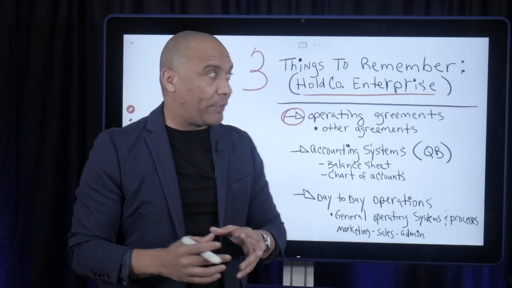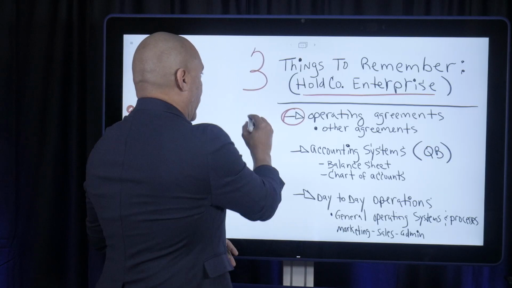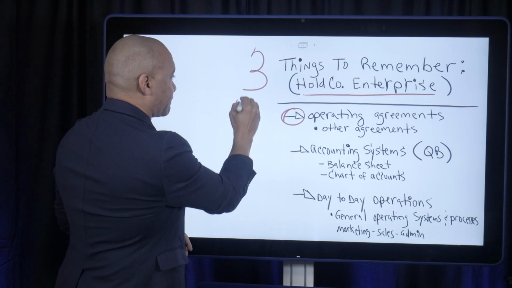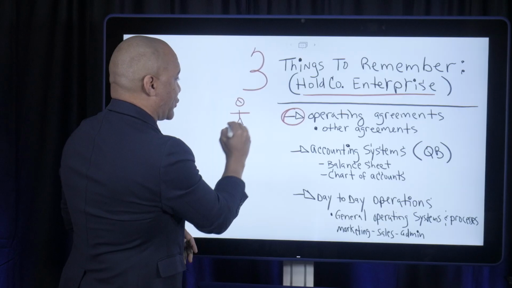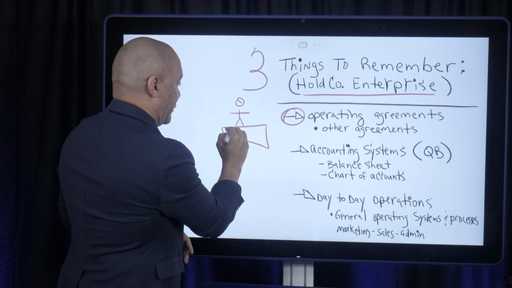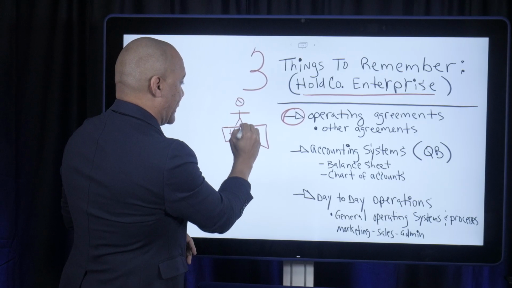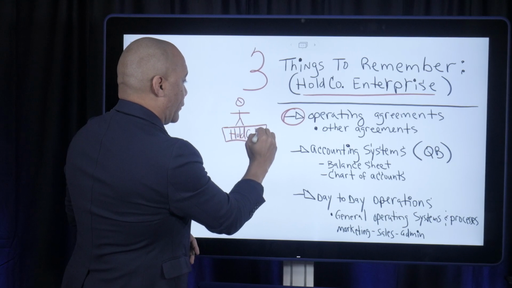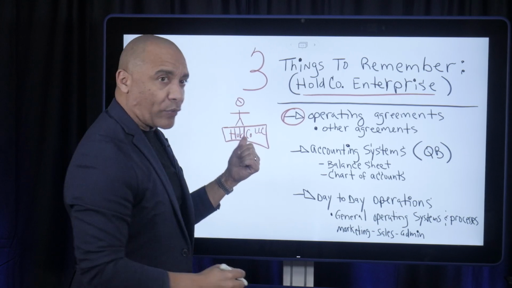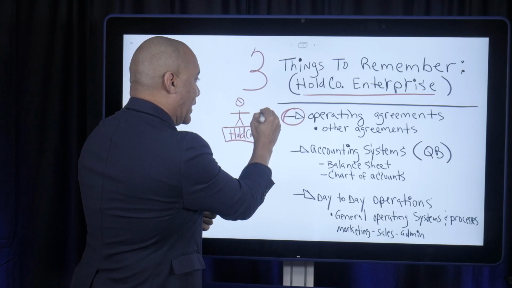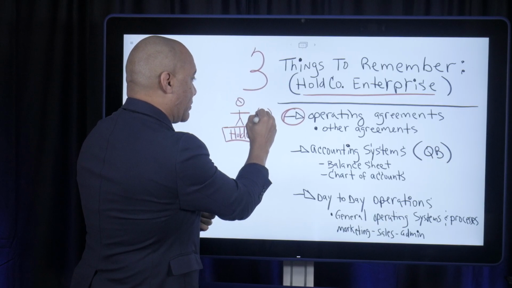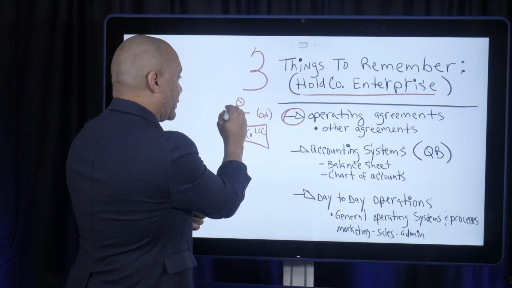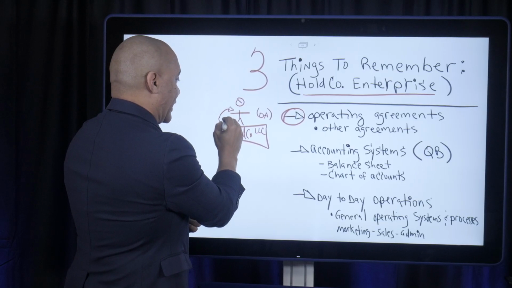So let's say, for example, if you have one LLC that you set up as your HoldCo, okay? This is your HoldCo LLC. Well, guess what? There needs to be an operating agreement. We'll just put OA as operating agreement between you, the owner, and this LLC.